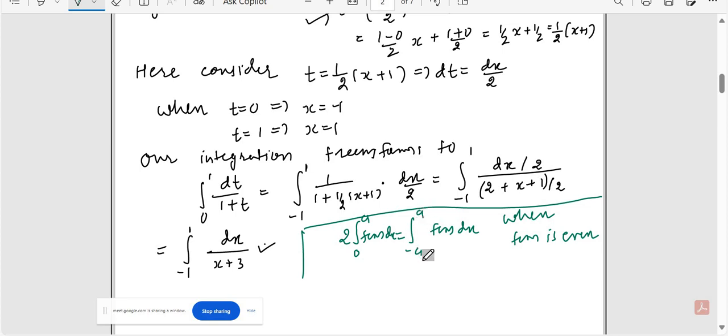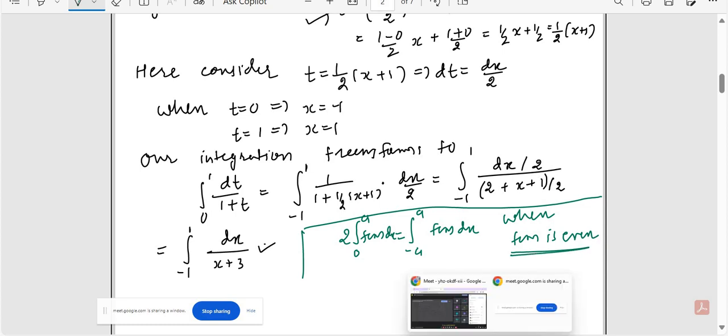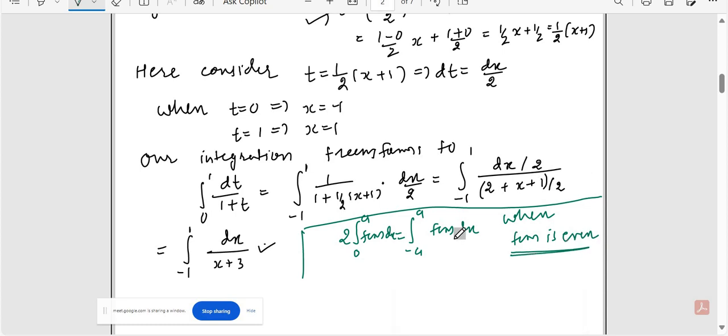Saumil says that we have one more concept regarding the integral from minus a to a of f of x dx: you can transfer it into 2 times the integral from 0 to a of f of x dx. It is correct. But when will this happen? Only when your function is even. If your function is odd, then this will be 0.